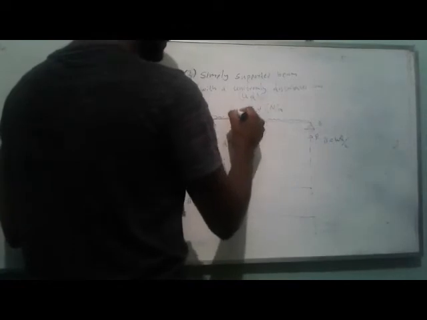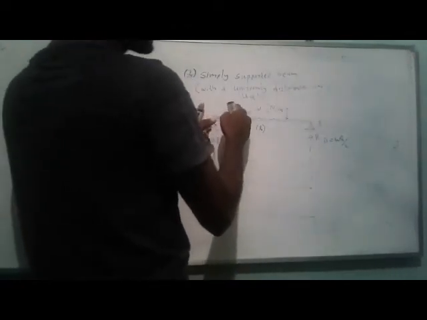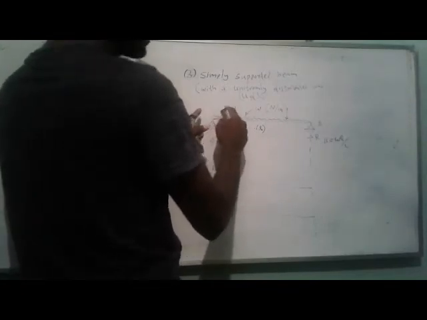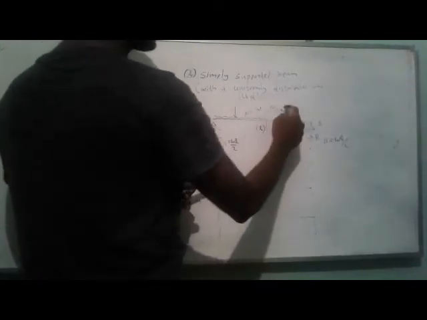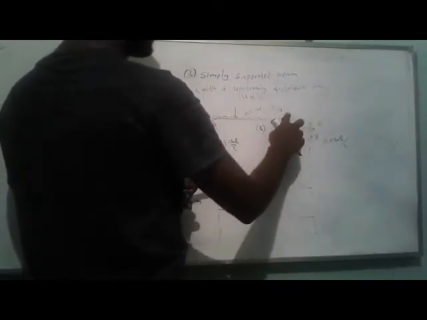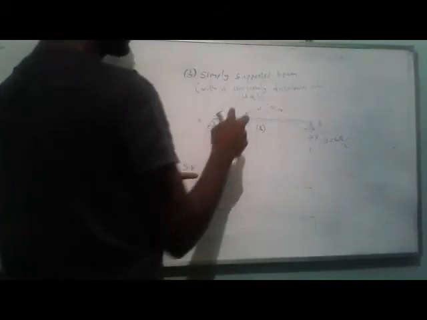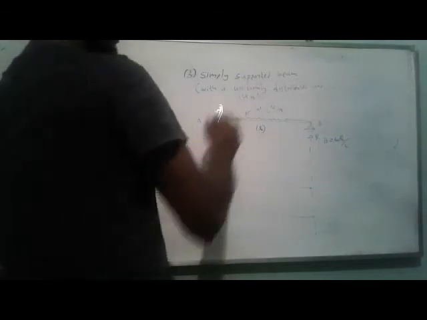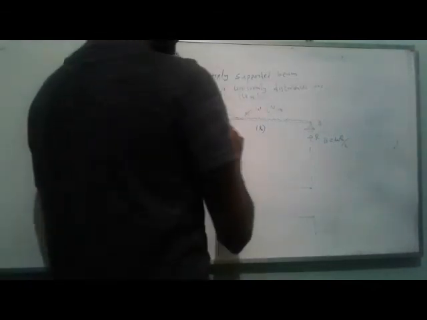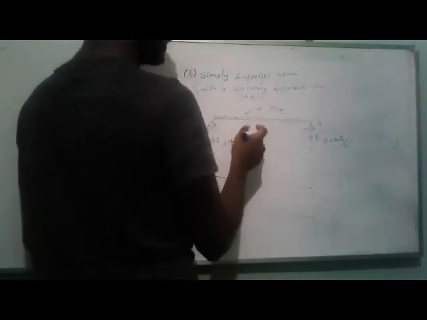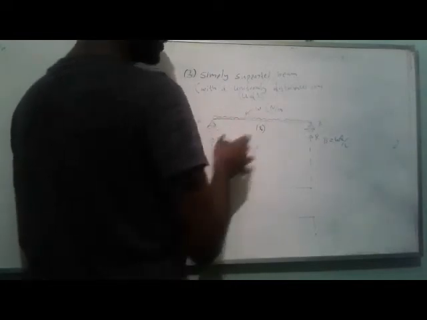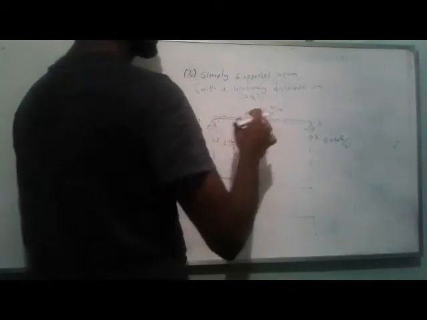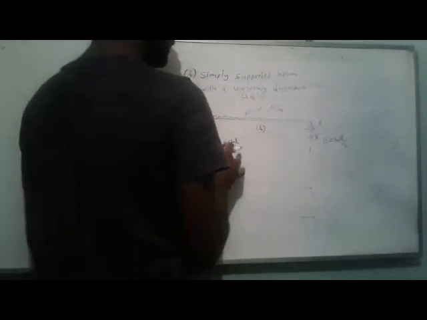If you had a point load here and a point load here, you would have to divide the beam into three sections: from here to here one section, here to here one section, and here to here another section. Here you only get this uniformly distributed load. Therefore you don't need to divide the beam into sections, and you can consider the total beam together.